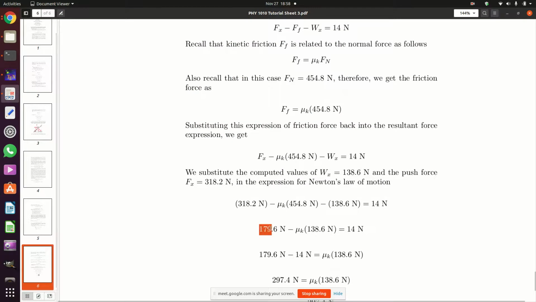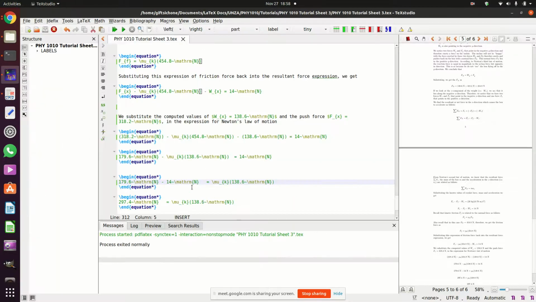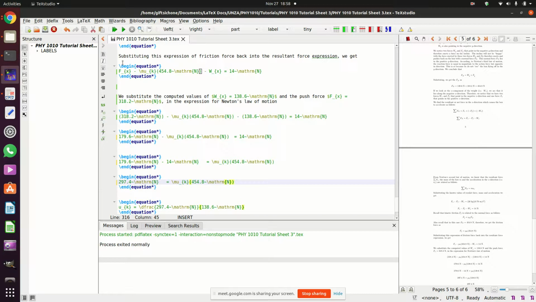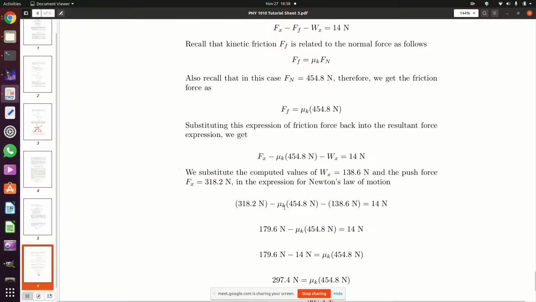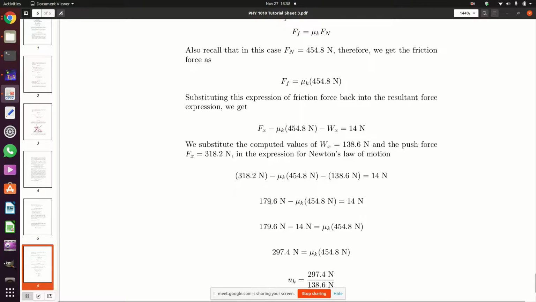Okay, so I have 179.6 newtons minus mu k times the normal force, 454.8 newtons, equals 14 newtons.